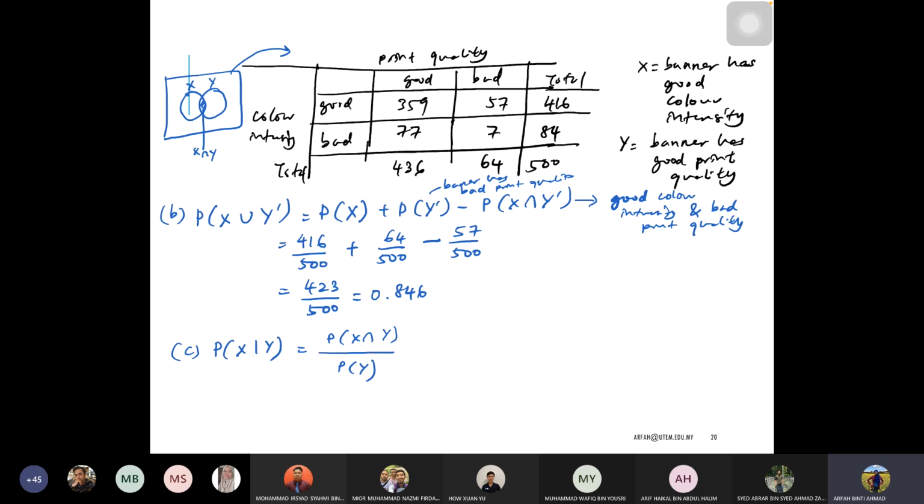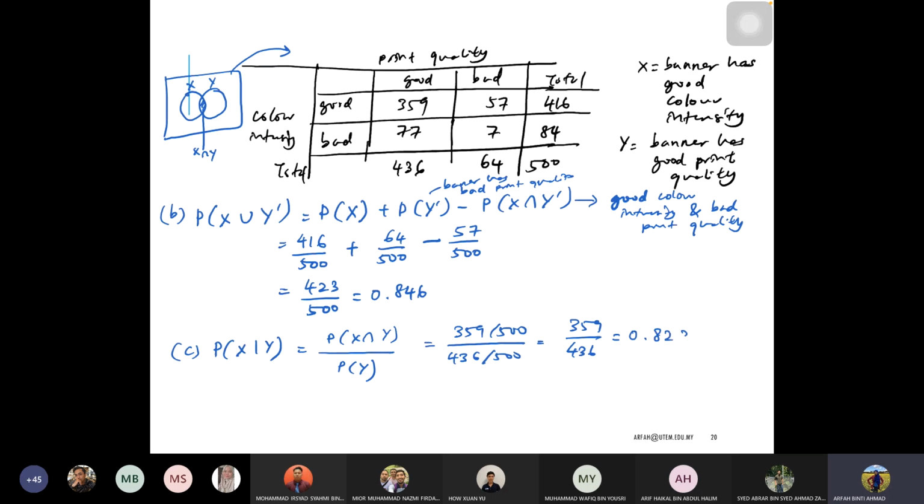Tadi kita dah kira 359 per 500. Kebarangkalian bagi Y berapa? Probability that a banner has good print quality. Berapa jawapan? 436 per 500. Dapatnya lain? 436 per 500. So kalau korang kira akan dapat 359 per 436. So akan dapat 0.8234. So ini yang C.